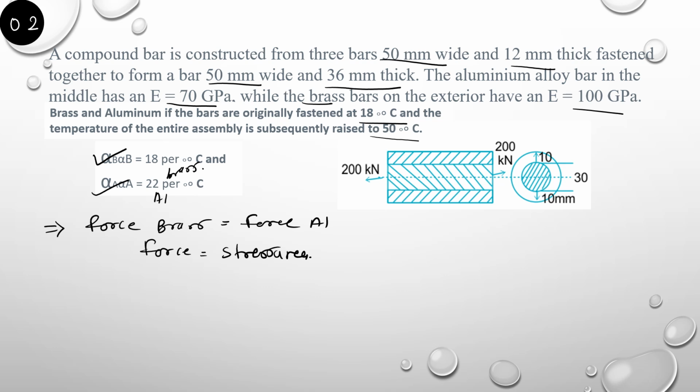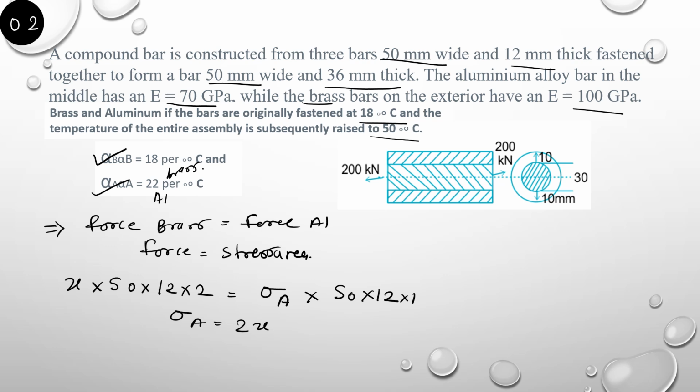For forces, first we take the stress value as x for brass, then the area 50 into 12, but here the brass is 2 in number, so take a 2 here, and then sigma A, the stress of aluminium, into area 50 into 12. The aluminium member is single, so I take it as 1. Then after calculating we get sigma A as 2x.